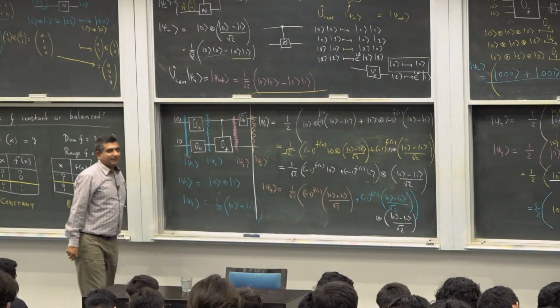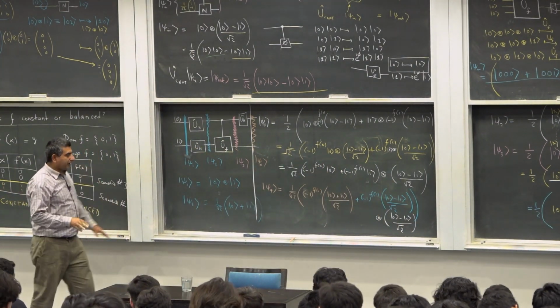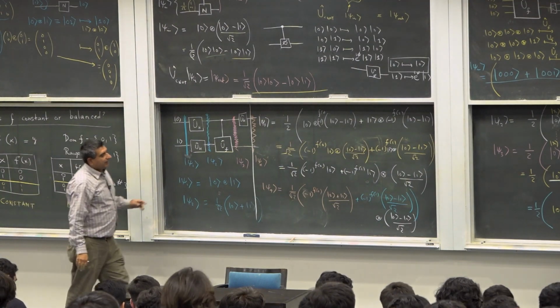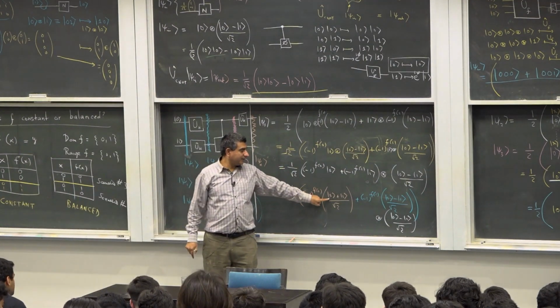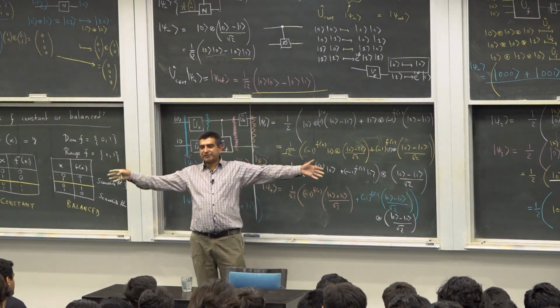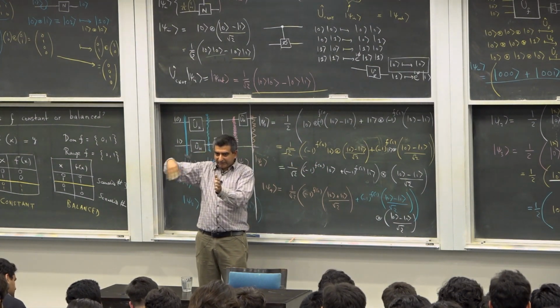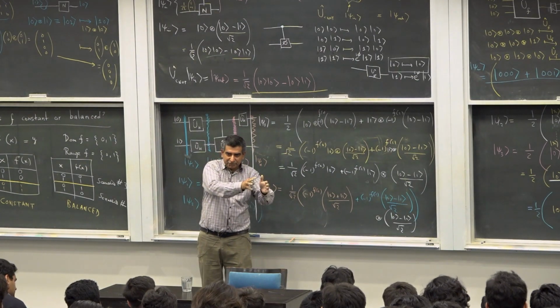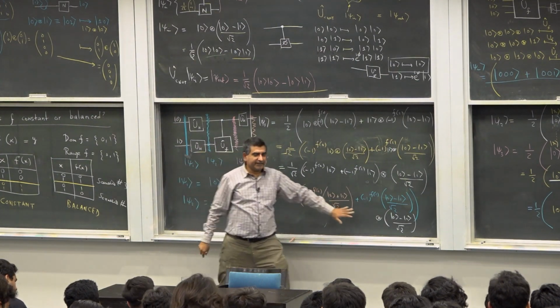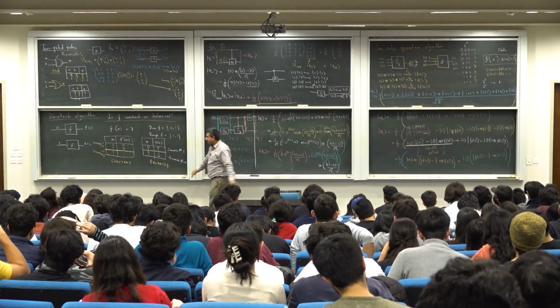Alright. Now comes the final moment of glory. What I would like you to do now is factorize out the first qubit. Put ket 0 together and all its coefficients with it. Keep ket 1 together and all of its coefficients with it. Ignore the second qubit. We're going to do nothing with the second qubit.